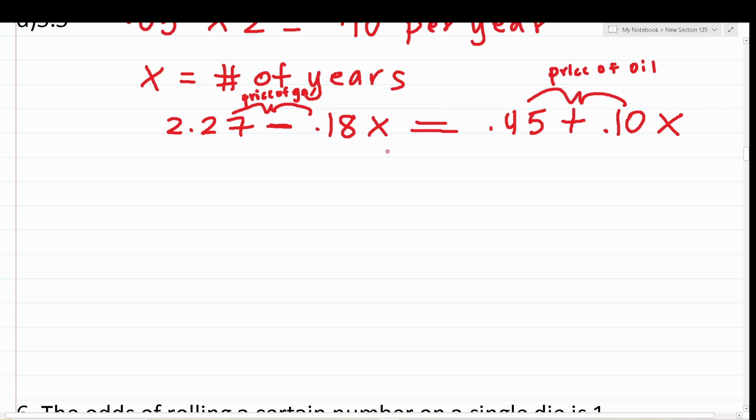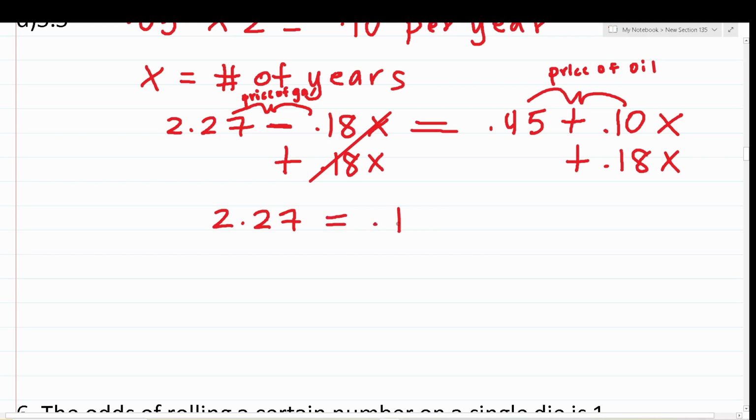The first thing I'm going to do is add 0.18x to both sides. Again, negative 0.18x plus 0.18x is 0, leaving us with 2.27 on this side.